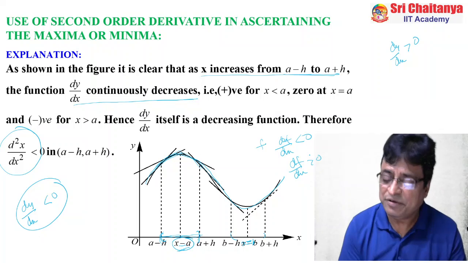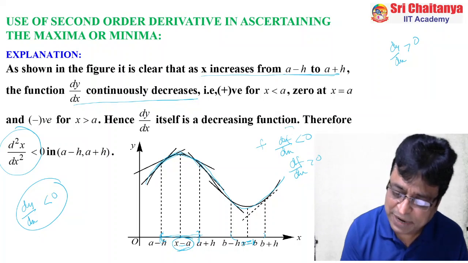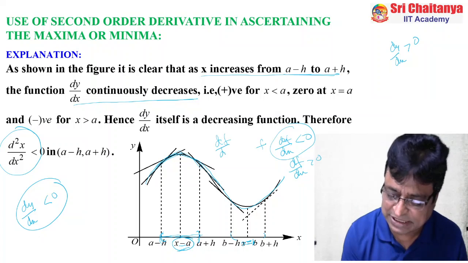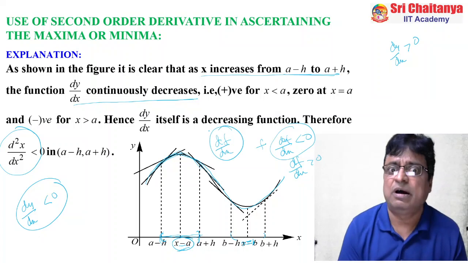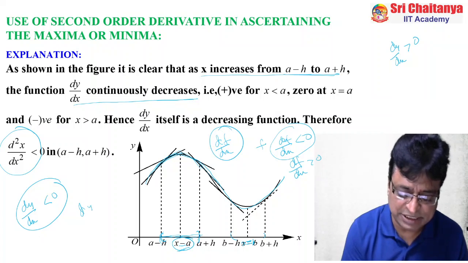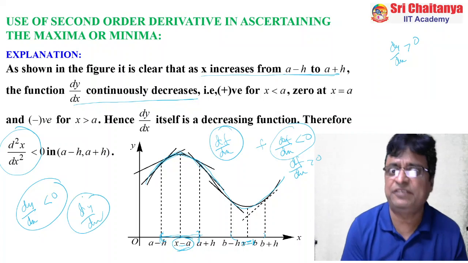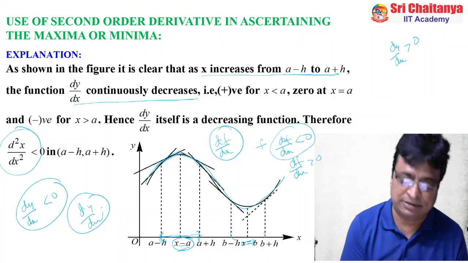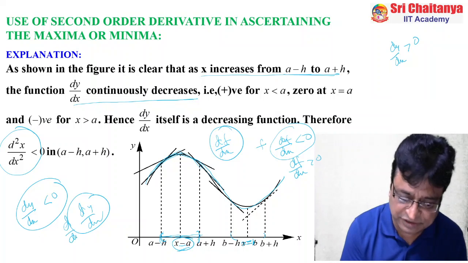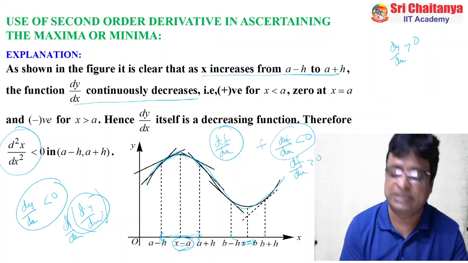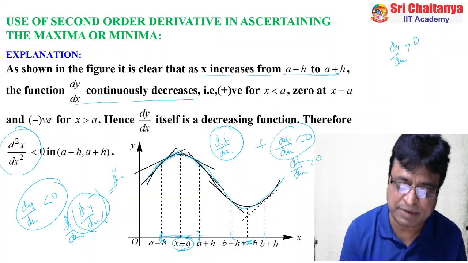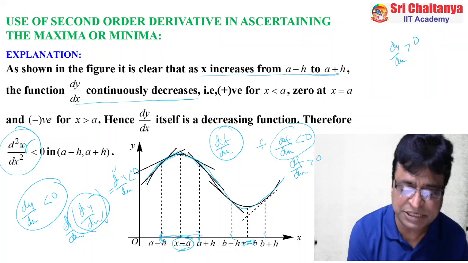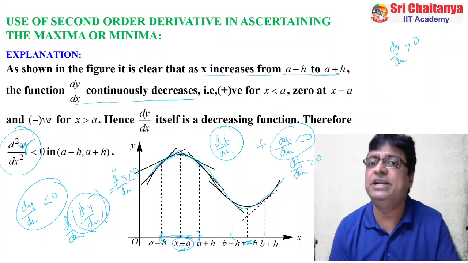Now if this is my curve dy by dx, when can I say dy by dx is decreasing? That means the derivative of this, that is d by dx of dy by dx, which is nothing but d square y by dx square. If d square y by dx square is less than 0, then the derivative is decreasing.